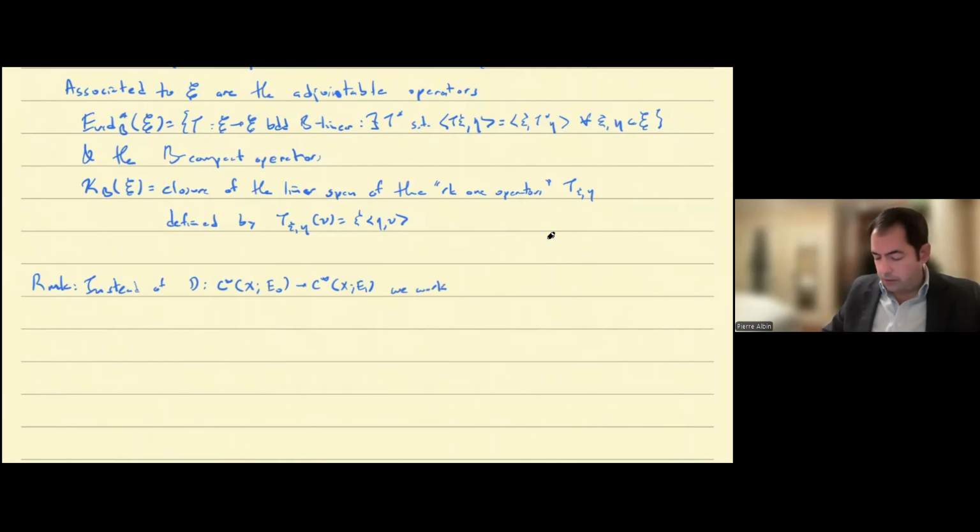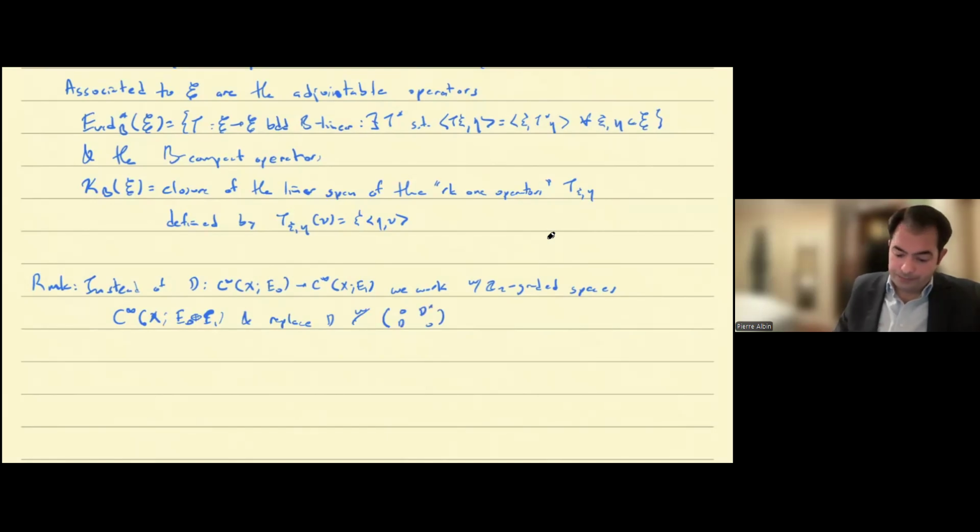But here and also there, it's standard to work with instead C2 graded spaces. So we would look at the sections of the direct sum as a C2 graded space and replace D with the self-adjoint operator.